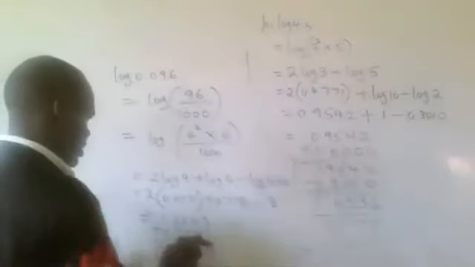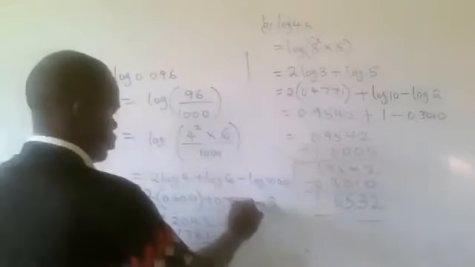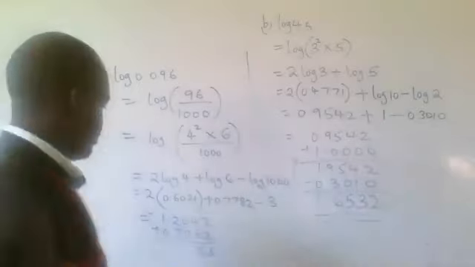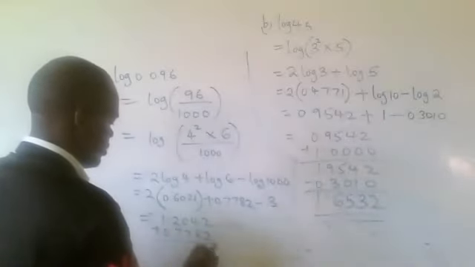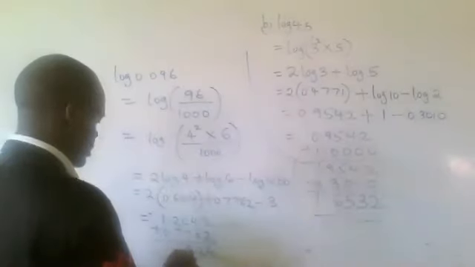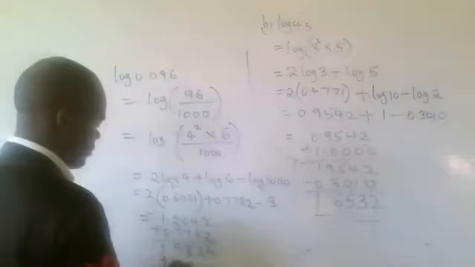No, this is not 7781 but 7782. So just change to that. It's 7782. This is 1.2042 plus 0.7782, which is 1.9824. Then subtract 3.